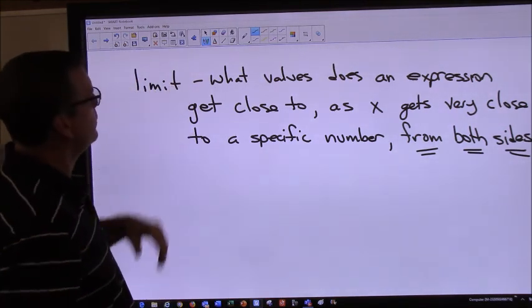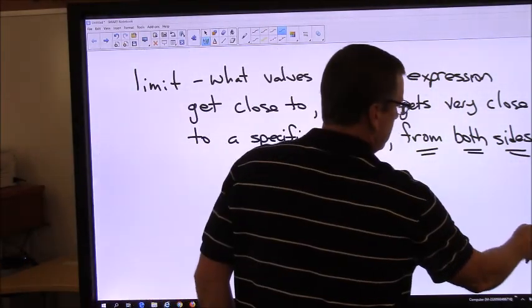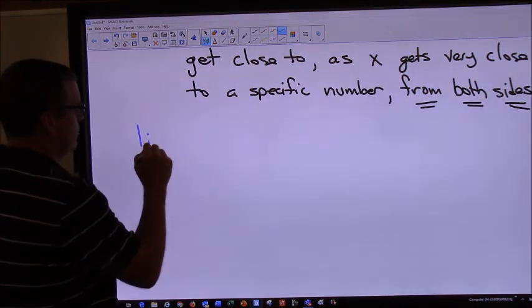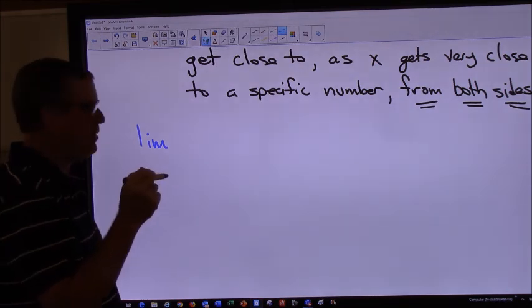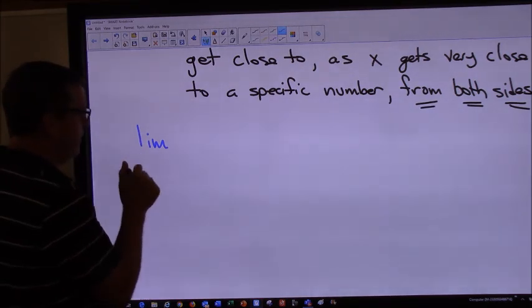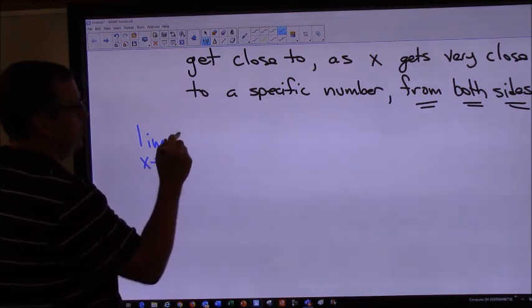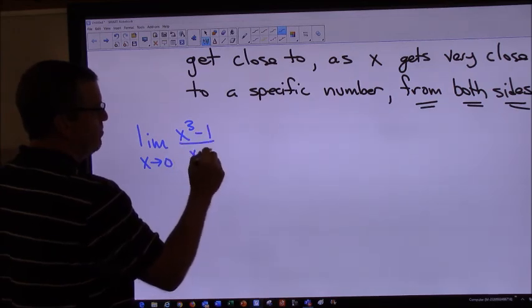So how do we write a limit? Here's the problem we just did. The limit, and you should probably just watch how I write this and how I say it. The limit as x approaches 0 of x cubed minus 1 over x minus 1.